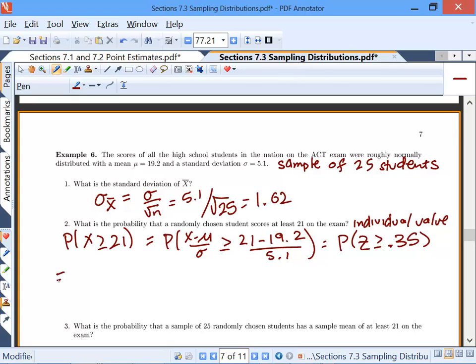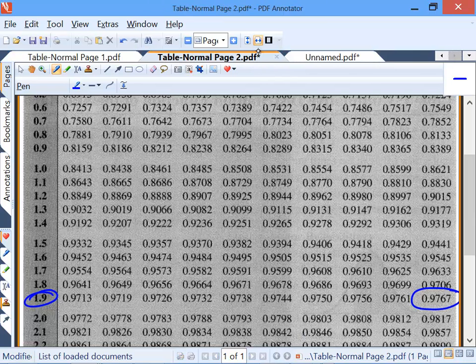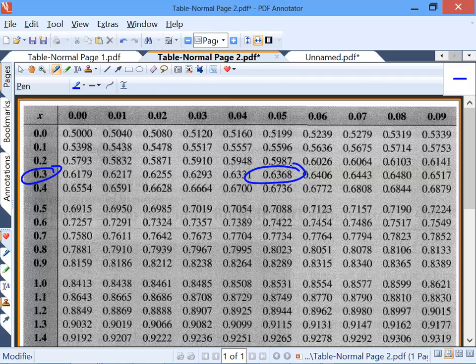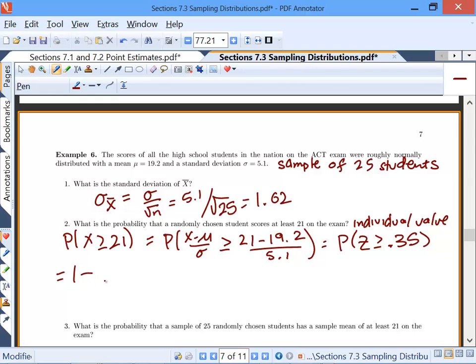Again, I'm going to have to use the complement rule, so 1 minus, and I go to my z table to find 0.35. 0.35 puts me at 0.6368. So 1 minus that is 0.3632. So there's about a 36% chance that just one student is going to score at least a 21.